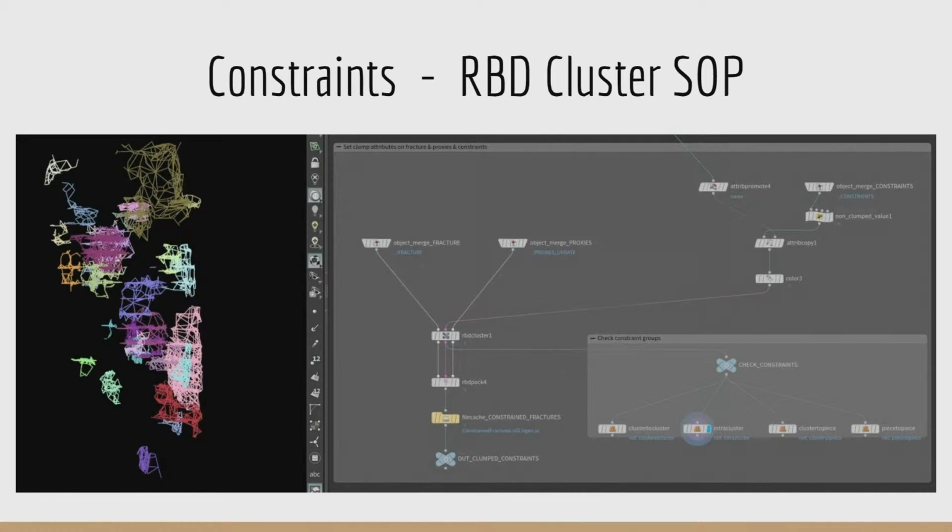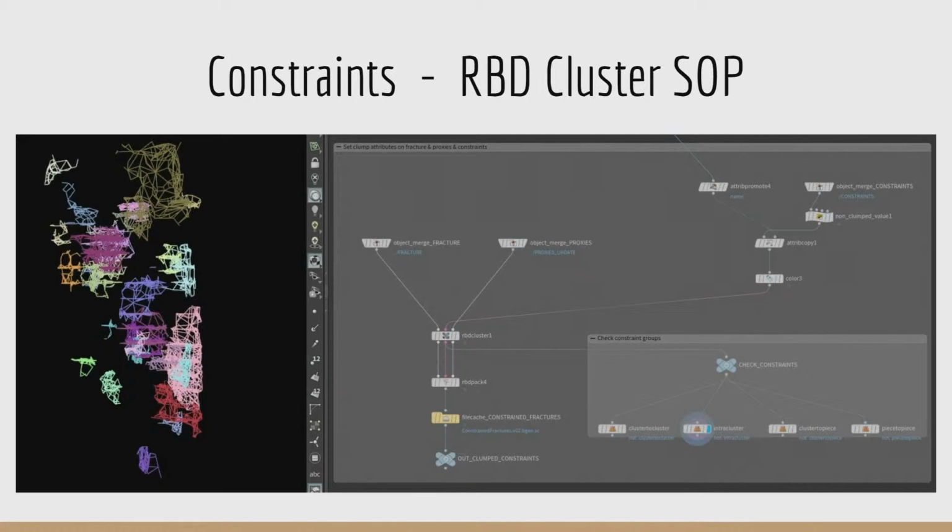Because if you just copy those clump numbers to your constraints, and then run that into the RBD cluster SOP, and pipe in your fracture and your proxies, of course, it'll automatically populate those clump IDs to your fracture and proxies as well. So it's nice that they handle that for you and you don't have to do it manually.